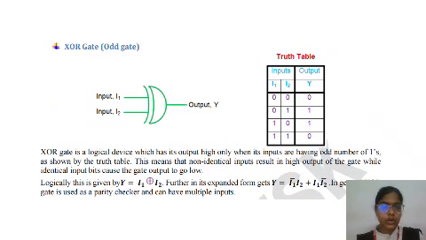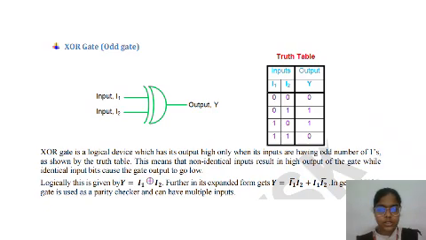And the XOR gate. In this also we can see the inputs as I1 and I2, and the output is Y. In the truth table, for inputs 0, 0 the output is 0. For 0, 1 the output is 1. For 1, 0 the output is 1. And for 1, 1 the output is 0. The XOR gate is a logical device which has its output high only when its inputs have an odd number of 1s, as shown by the truth table.